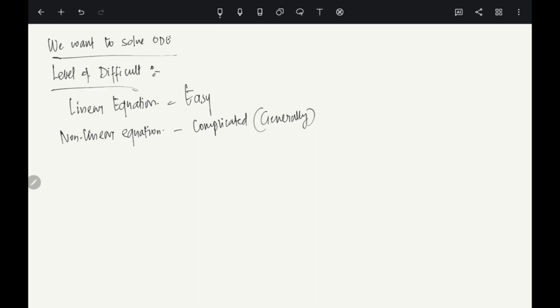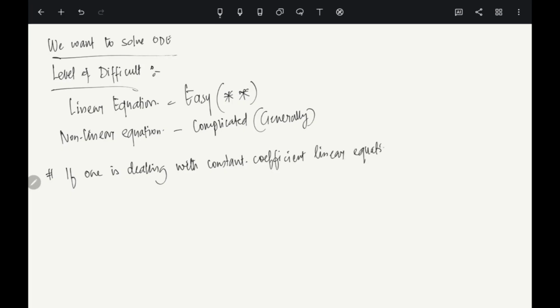Now, linear equations are easy, but not that easy in all cases. Now you see linear equations. Let's say if one is dealing with constant coefficient linear equations, then it is easy to solve, right?